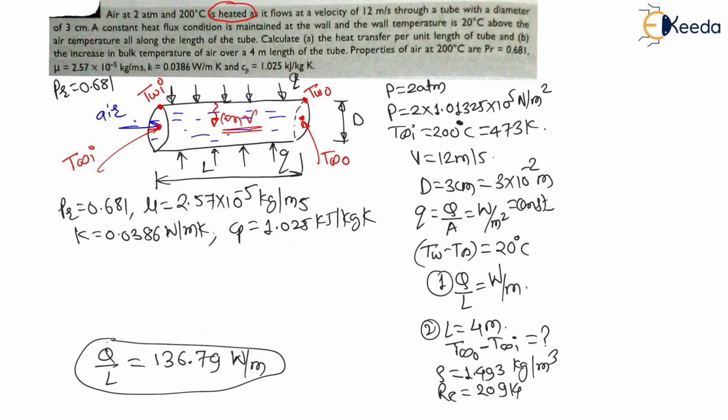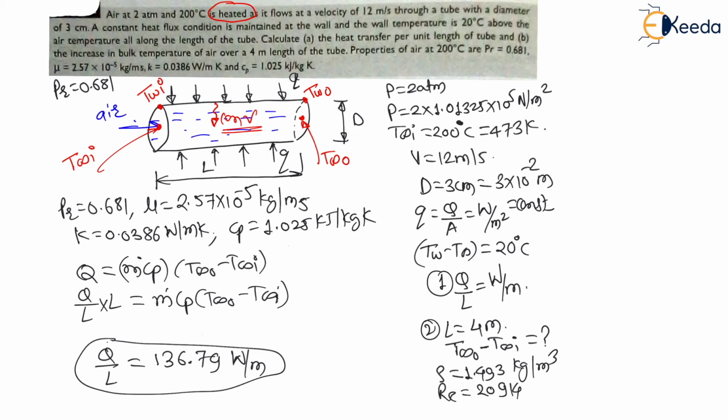This heat transfer I can also write in terms of the change in temperature of air, as m dot Cp of air into T infinity O minus T infinity I. Therefore this heat transfer is Q by L, the heat transfer rate per unit length, into length, which is 4. So Q by L into L is equal to m dot Cp into T infinity O minus T infinity I. Here Q by L we have calculated, and length is given as 4 meter.